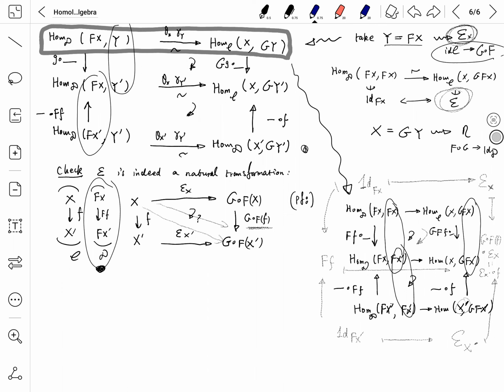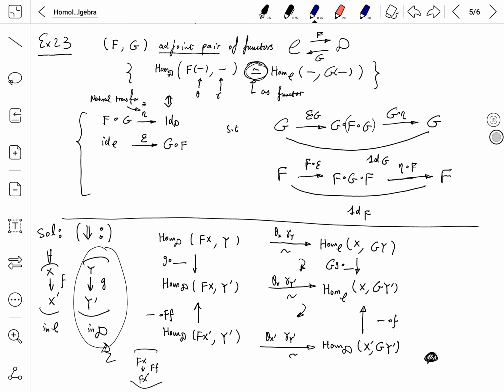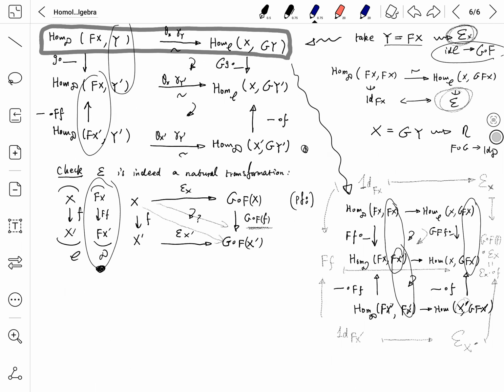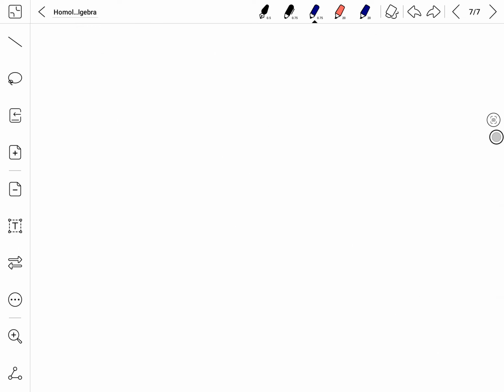Finally, for the eta you could check similarly, but there is still something left to check. You have this composition called identity. We still have to use a particular choice of x and y in this commutative diagram, in case we have this following commutative diagram.